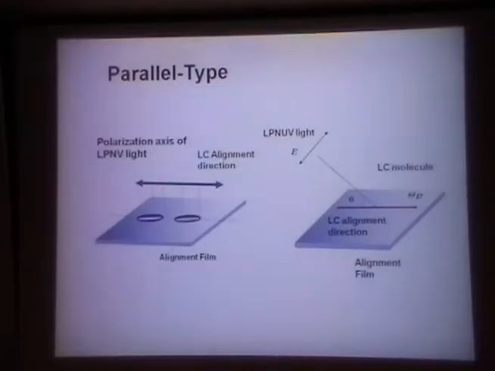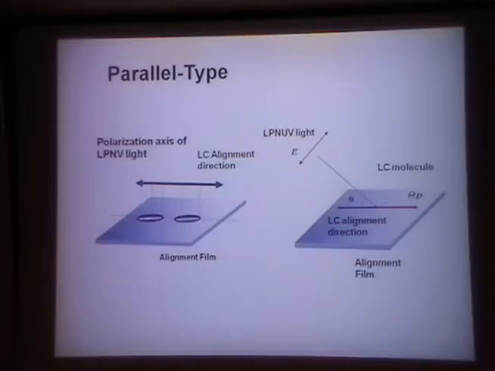Because of this problem of the two-step process, a fairly new development was a parallel type of photoalignment material. These align liquid crystals along the direction of polarized light. So in this case, you can immediately induce a pretilt angle by irradiating the surface from an oblique angle.